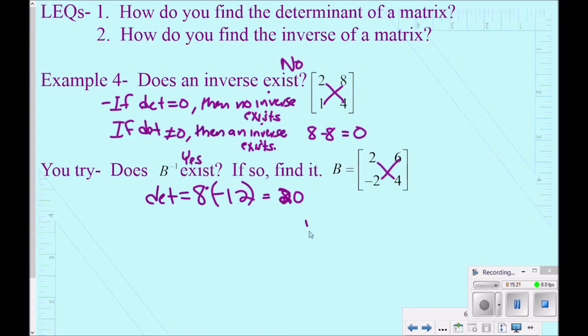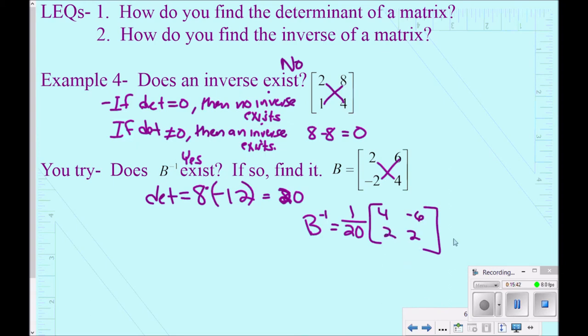So now we'll find it. For B inverse, I'm going to first put 1 over the determinant, which we just got as 20, times the matrix where I flip the 4 and the 2, and I change the signs on the 6 and the negative 2. So the 6 becomes negative and the negative 2 becomes positive 2.